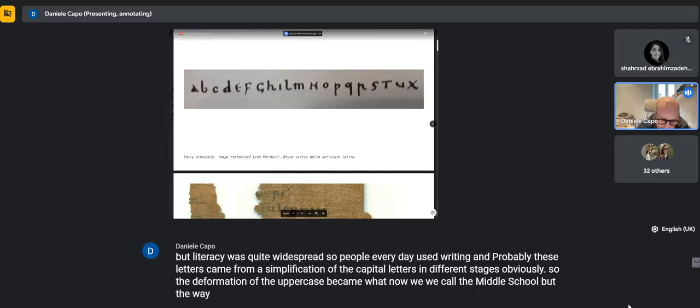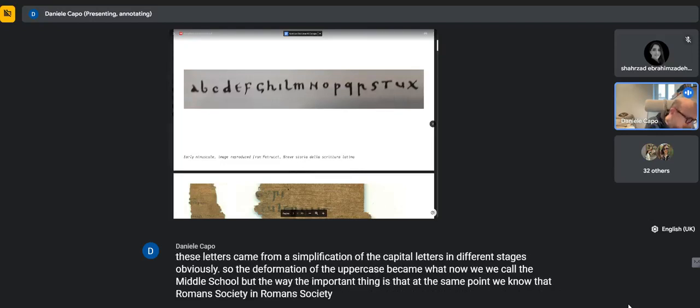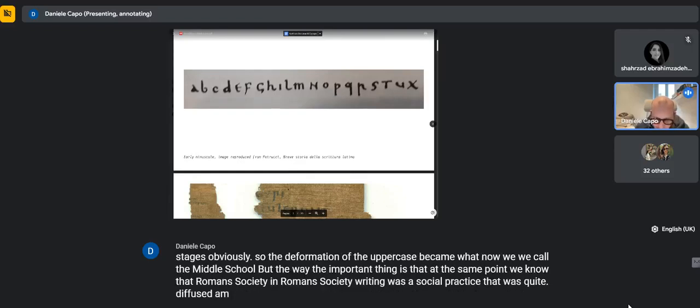By the way, the important thing is that at a certain point, we know that in Roman society, writing was a social practice quite diffused among the population.